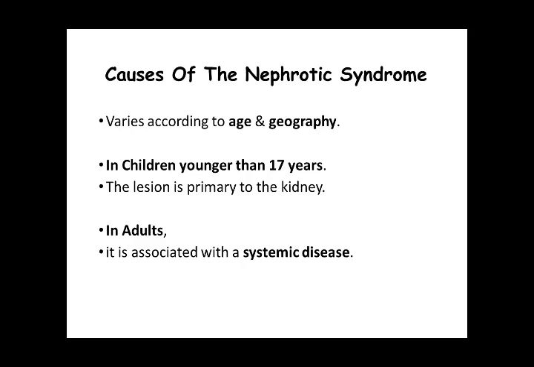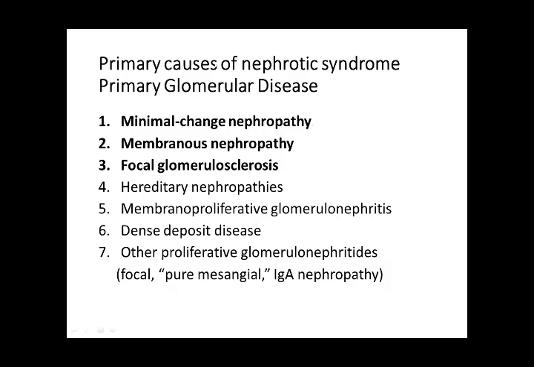There are several others which are not as common, but they can cause nephrotic syndrome. So the primary syndromes are minimal change disease, membranous nephropathy, focal glomerular sclerosis, hereditary nephropathies, membranoproliferative glomerulonephritis, dense deposit disease, and proliferative glomerulonephritis.